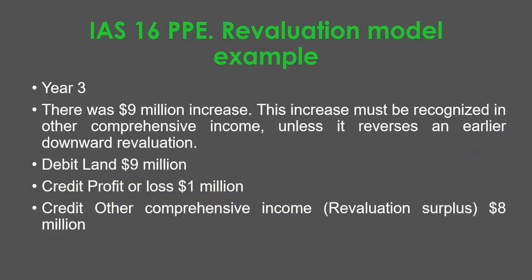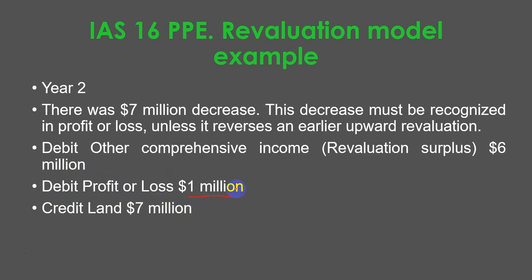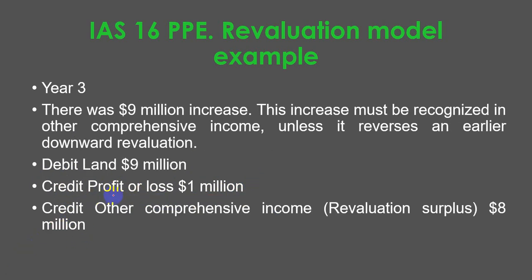So we need to reverse this 1 million. So first of all we increase our land, we debit our land account by 9 million, then we credit our profit or loss by 1 million to reverse the previous year's recognition in profit or loss. And then we credit our other comprehensive income, revaluation surplus, by 8 million.